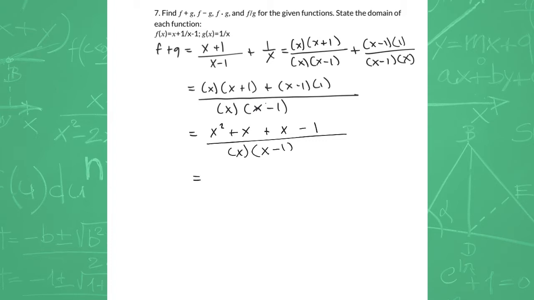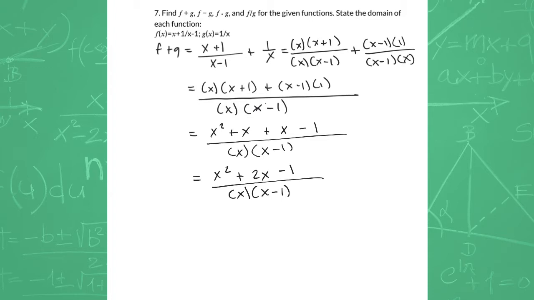And we still have some like terms in the numerator that we can combine. When we do that, we have x squared plus 2x, because x plus x is 2x, minus 1. So now that there's nothing else we can do, let's go ahead and move on to stating the domain.